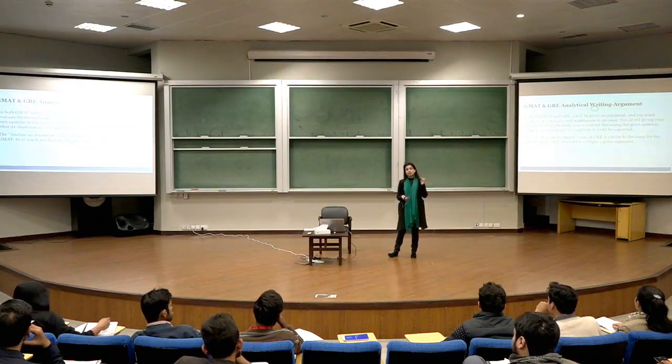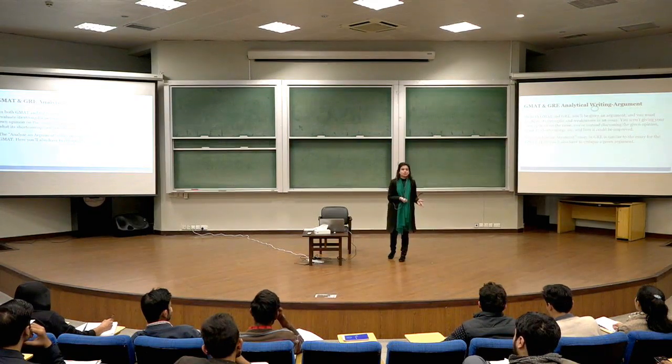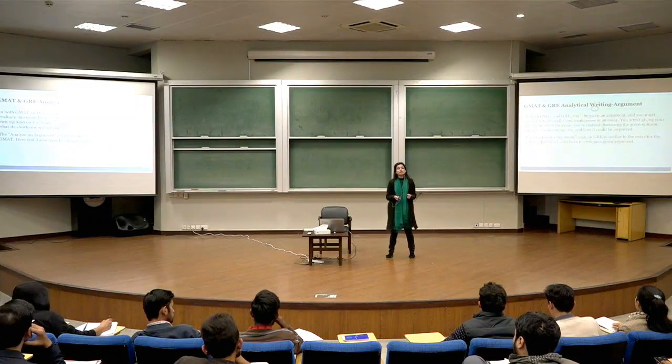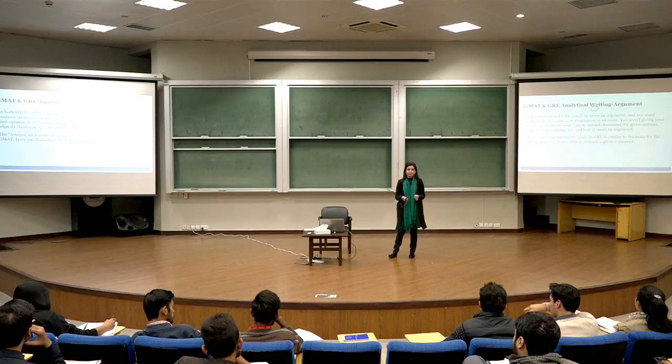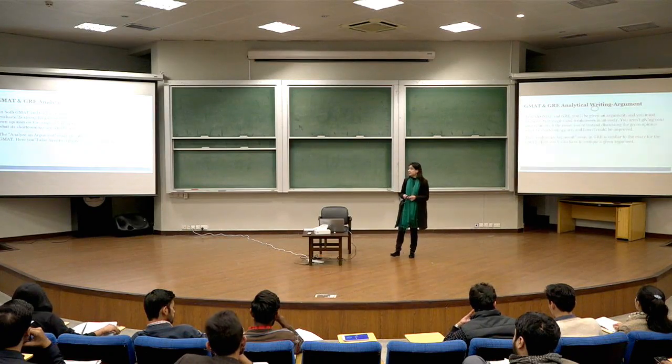In GRE they look for nicely organized paragraphs, and the same goes for GMAT as well. And you are going to discuss the given opinion, why it's not credible enough, how it could have been made stronger or more credible, and what evidence is lacking within the prompt. So that is what you're going to look at.